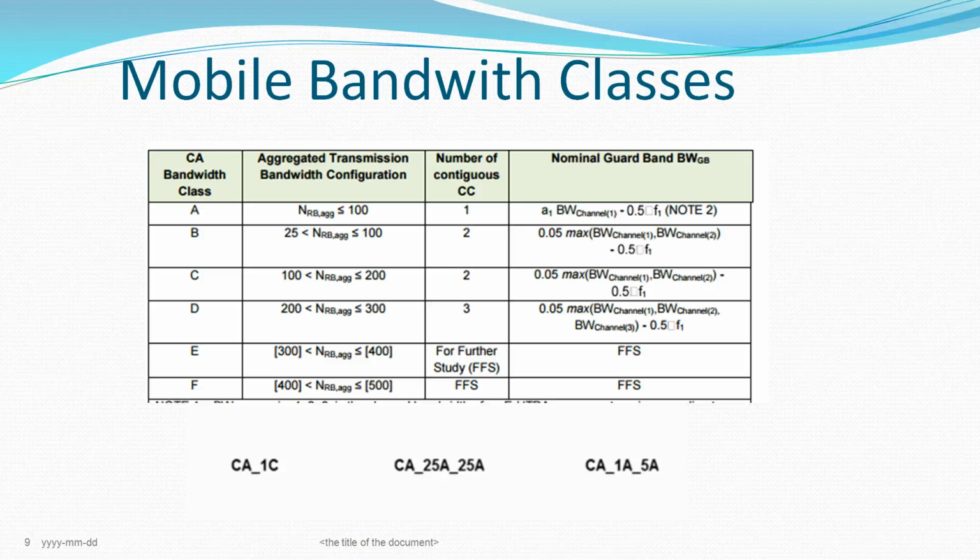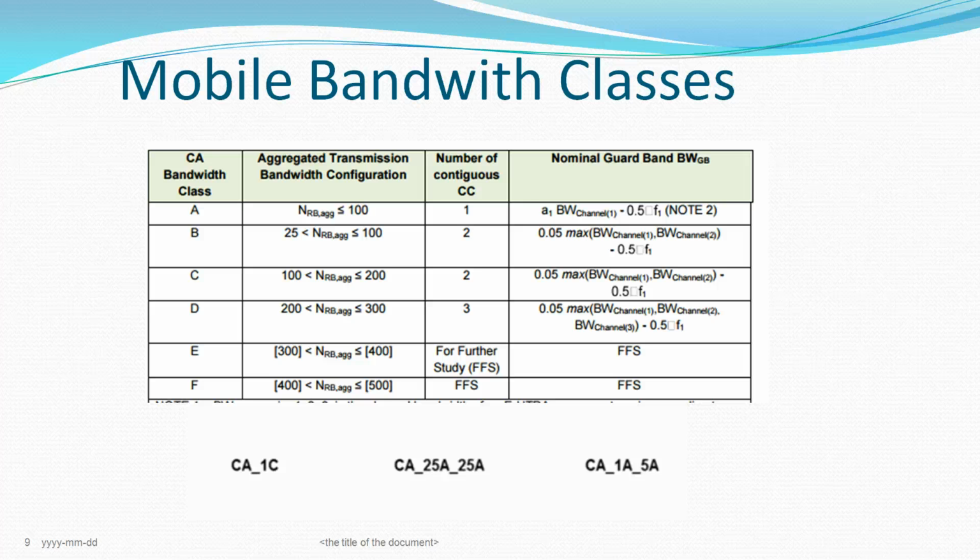If it's class B, you can aggregate up to 100 resource blocks, equals 20 megahertz, with 2 component carriers at the same time. If your device is bandwidth class C, you can aggregate up to 200 resource blocks, which equals 40 megahertz. Then you use 2 different component carriers.